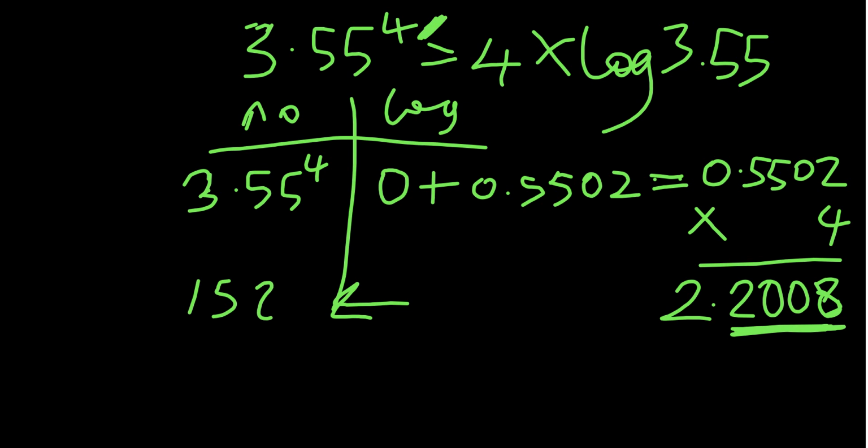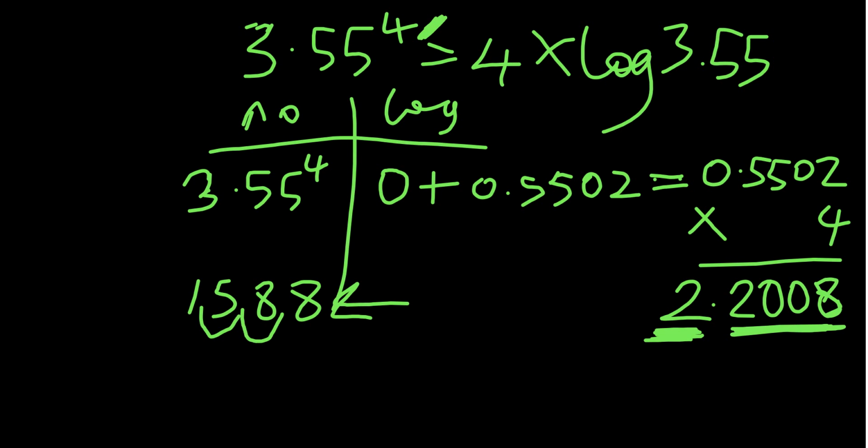1588. Okay, now we have a characteristic value of 2. So what does it mean? We're going to use this value to determine where the decimal point is going to be in this number. So we have to move this point from a supposedly standard form place and move it 2 places to the right.